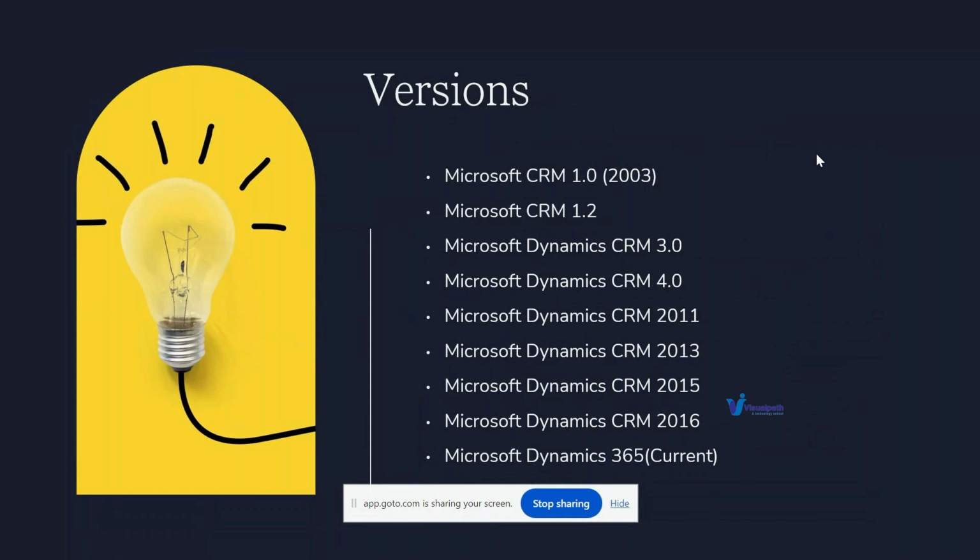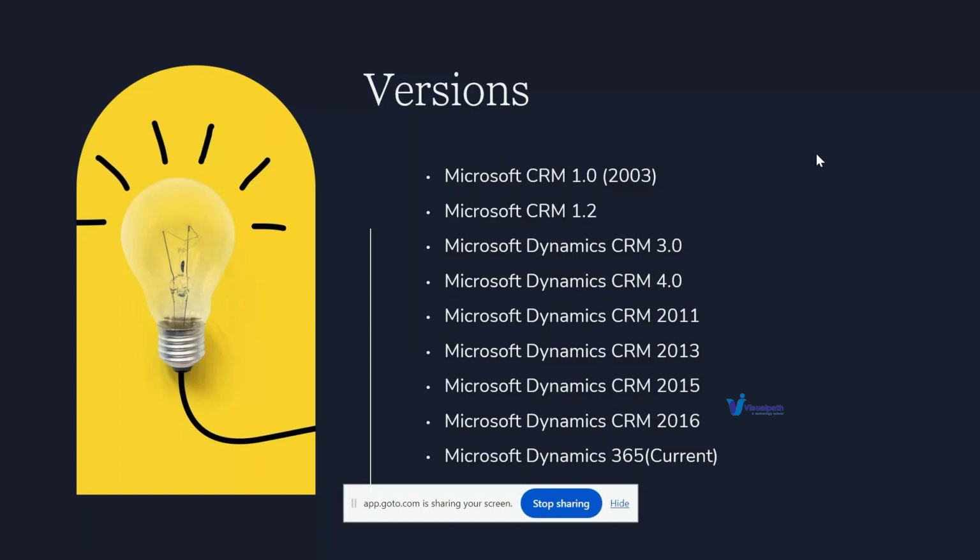Till that time it was still a normal growth for the Dynamics platform, but at some point in time, 5 or 6 years back, it integrated with Power Apps. Power Apps is a different platform which Microsoft has provided, and with that integration, the capability of Dynamics has increased exponentially.